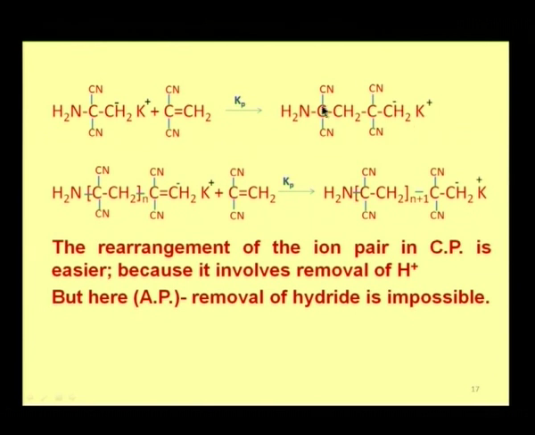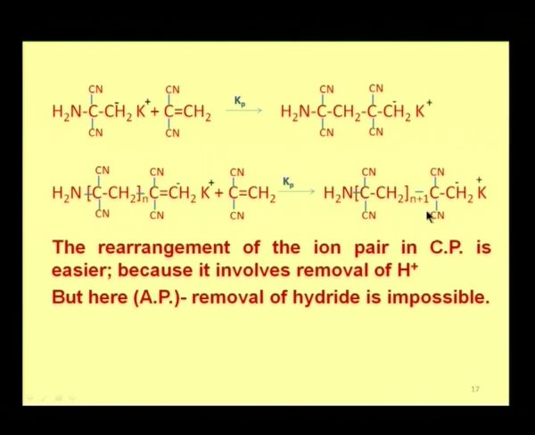So, when one monomer is added, it is the initiation. When the second monomer is added, it is propagation, and this chain simply grows, and n monomers keep adding to this carbanion in one particular direction. So, this becomes n plus 1, and further it keeps moving like this.